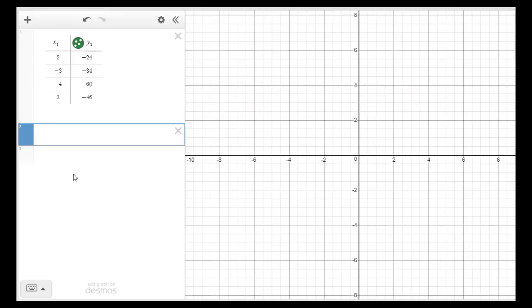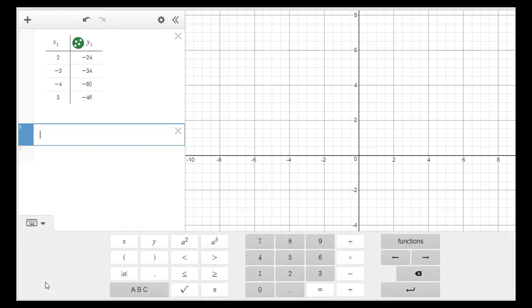Type the regression equation. Make sure that you check what is a subscript of your variables. So right now the subscript is x sub 1, y sub 1. So when you type in your regression equation, you have to use the subscript 1.